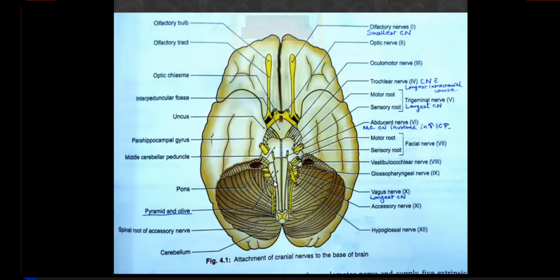Then you have this anterolateral sulcus and posterolateral sulcus. So this bulging here is called the pyramids, and this one is called the olives. Okay, pyramids and olives. So just above the pyramids, at the pontomedullary junction, medially, the abducent nerve arises there.